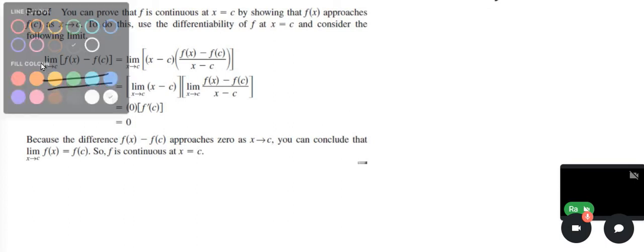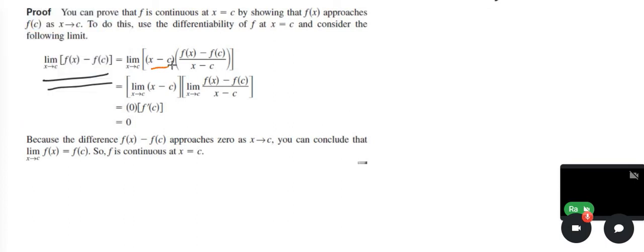So this part is multiplied in both the numerator and denominator. In the next step, this is a product, so we apply the product property for limits. We split this into two limits: the limit as x approaches c of x minus c, and another limit.